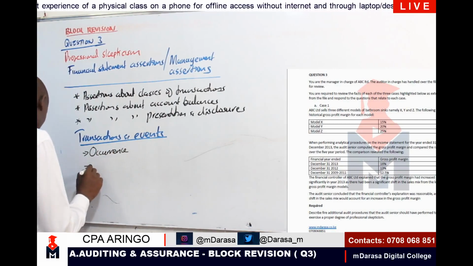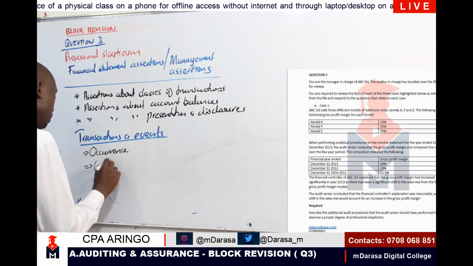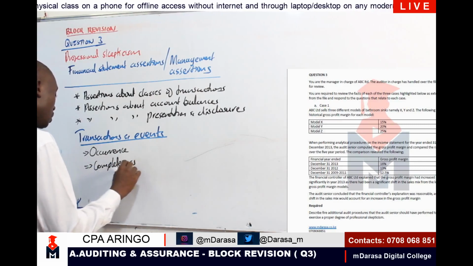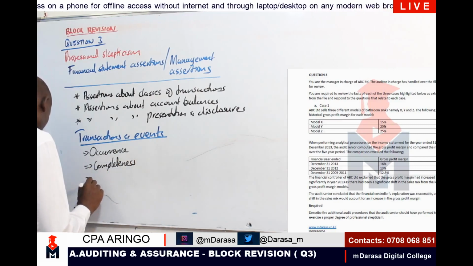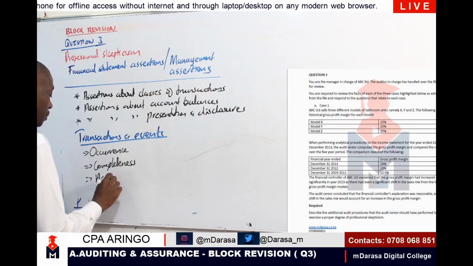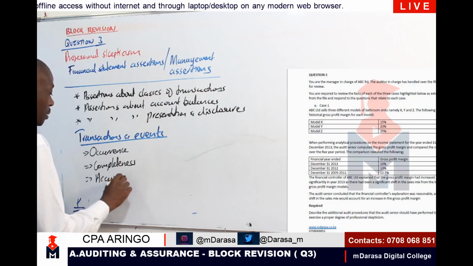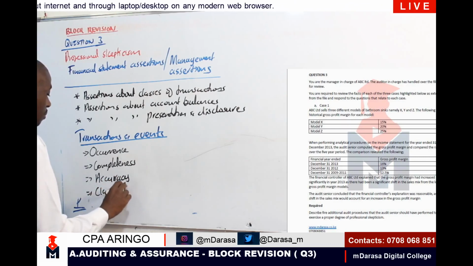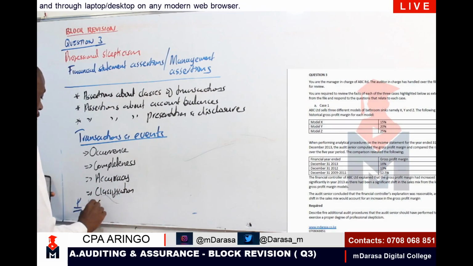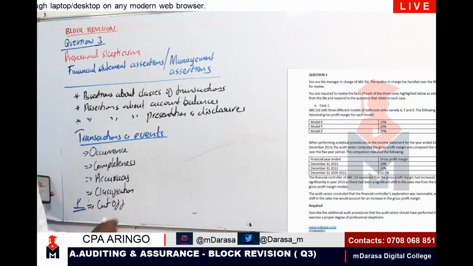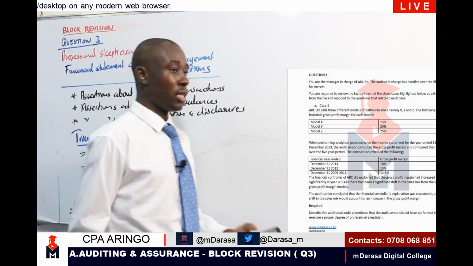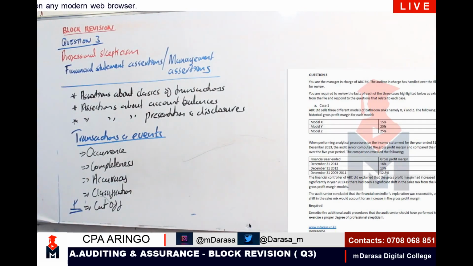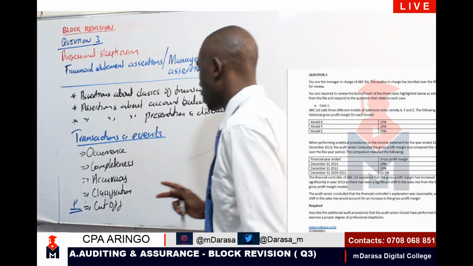We are talking about completeness. We are talking about accuracy, classification, and cutoff. I'll explain each one of them. So these are our assertions to do with transactions and events.